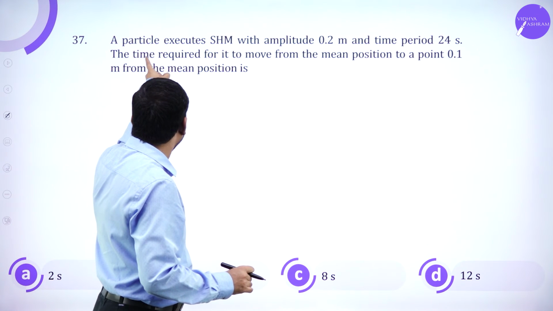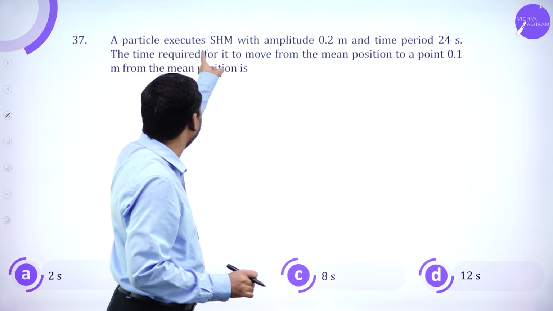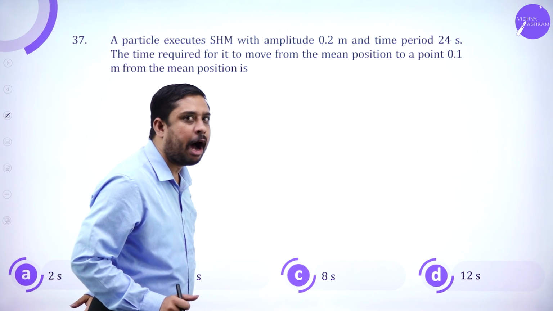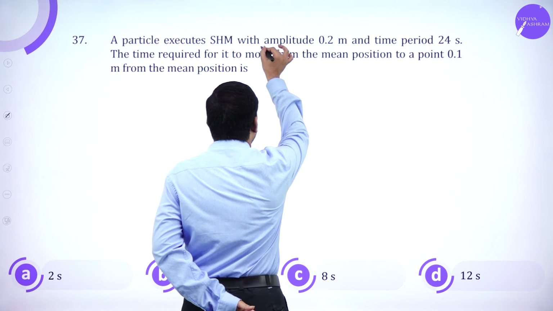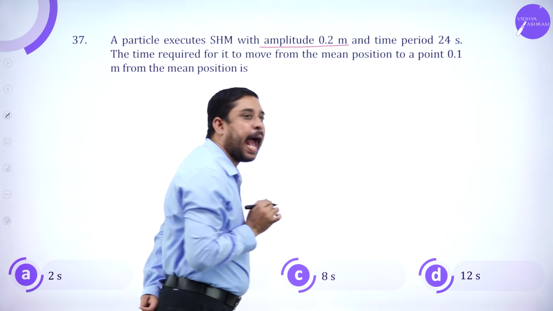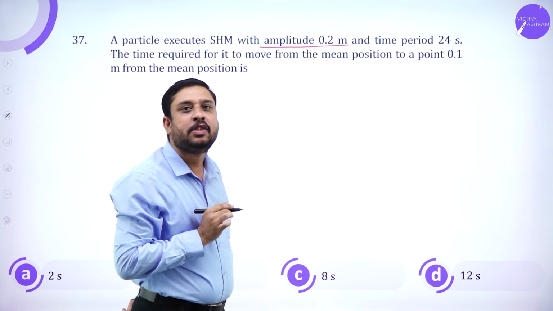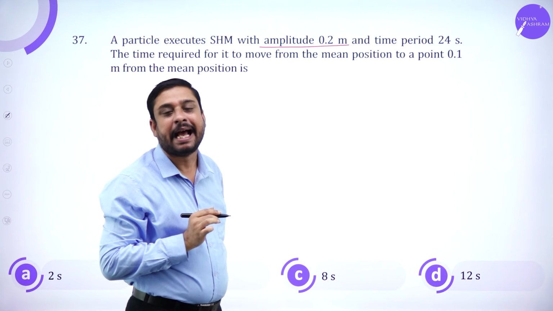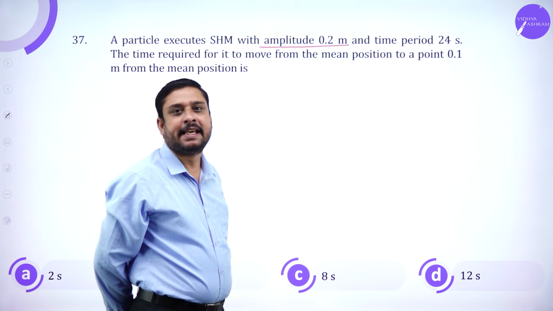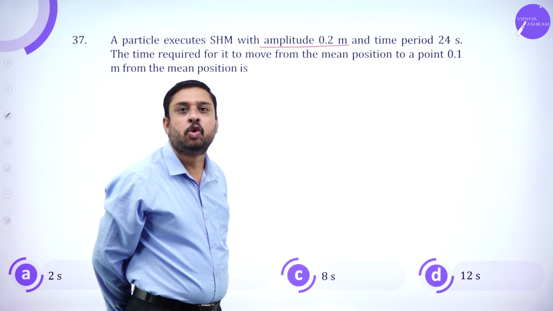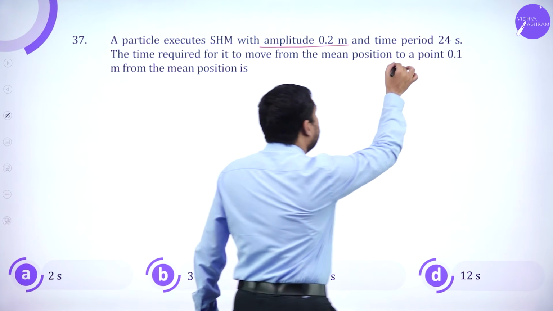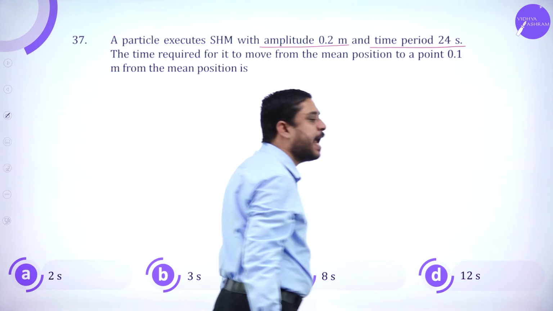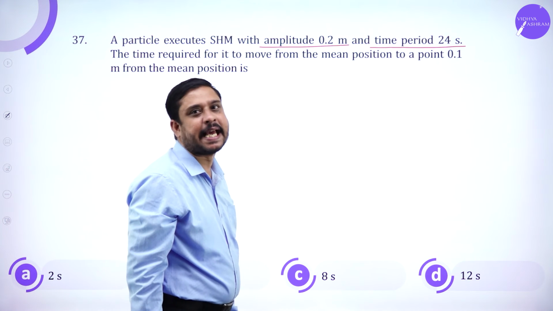A particle executes simple harmonic motion with an amplitude 0.2 meter. Amplitude is given to be 0.2 meter and time period 24 seconds.